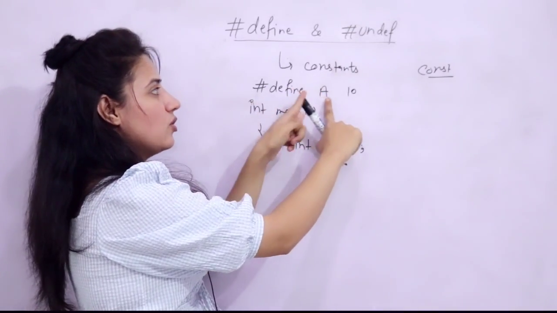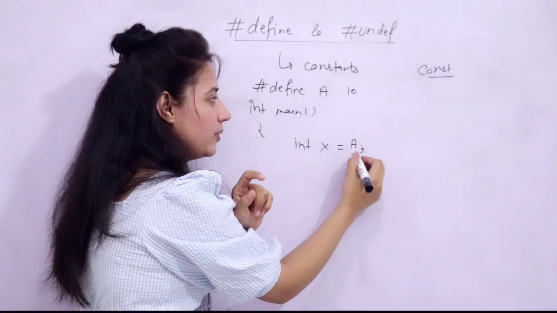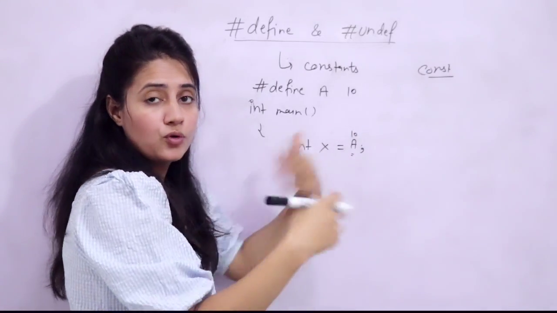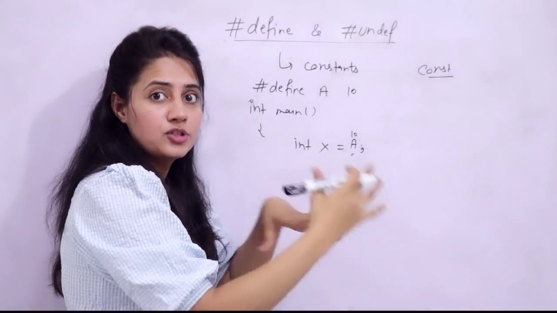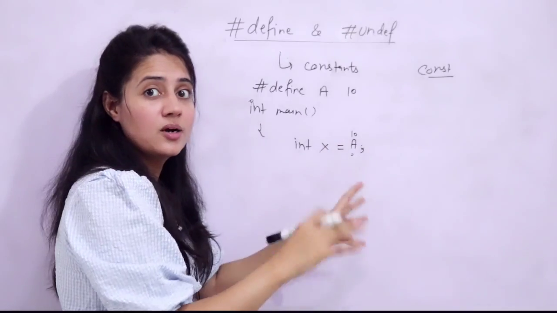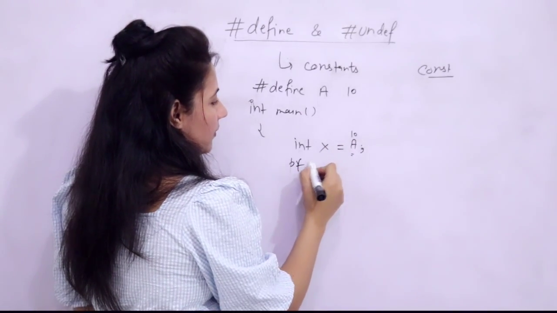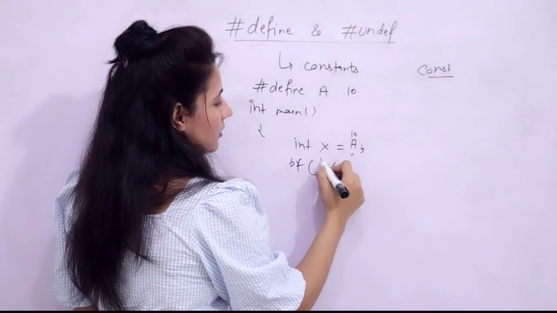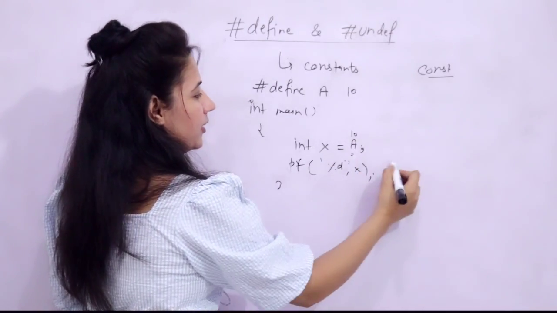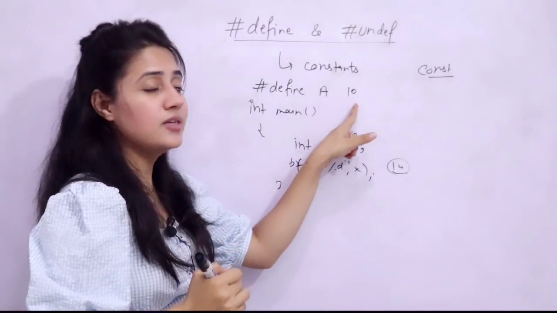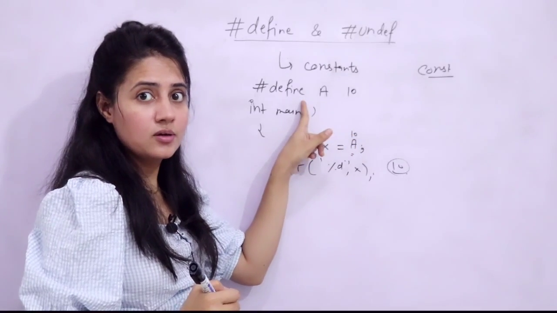But we have already defined it, so the value would be 10. This would be replaced by 10 before compilation, in the preprocessing phase, because preprocessing comes before compilation. It's a step in compilation. So now when you print with printf and %d, printing x, it will print the value 10. This is how you can define a constant using this.